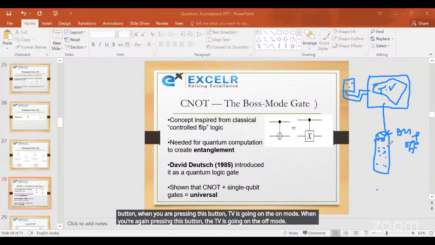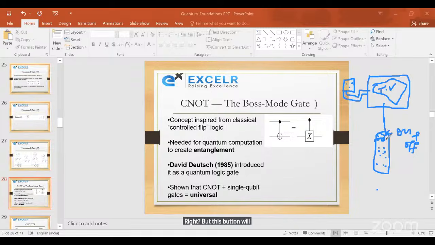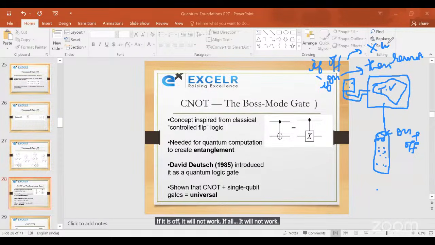But this button will work only when the TV is on from the switch or circuit. If it is on, then the remote will work. If it is off, the remote will not work.